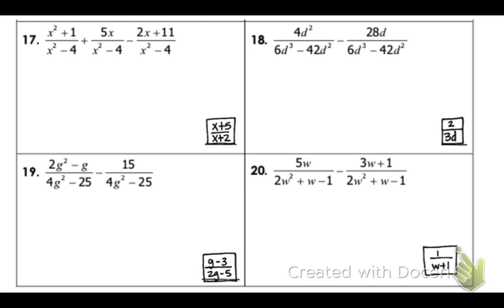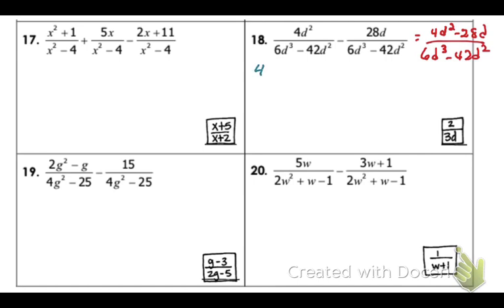So now for 18, I'm going to have 4d squared minus, actually, I'm going to write it up here. So 4d squared minus 28d over 6d cubed minus 42d squared. Now the good thing is they're common denominators, so that's why I just rewrote it. Now I have to look to see, what can I factor out?